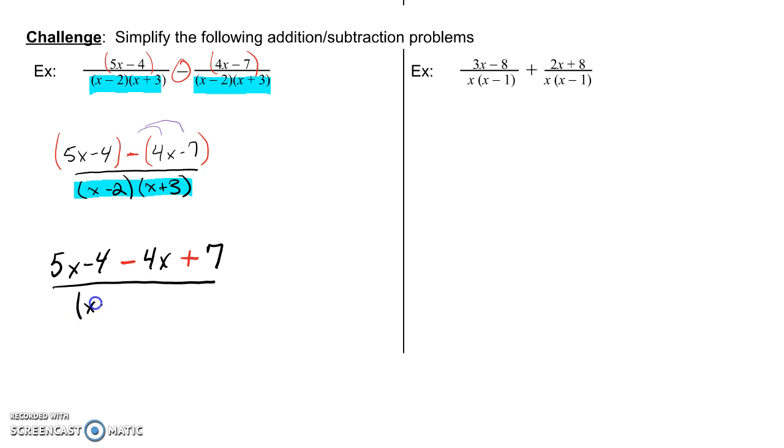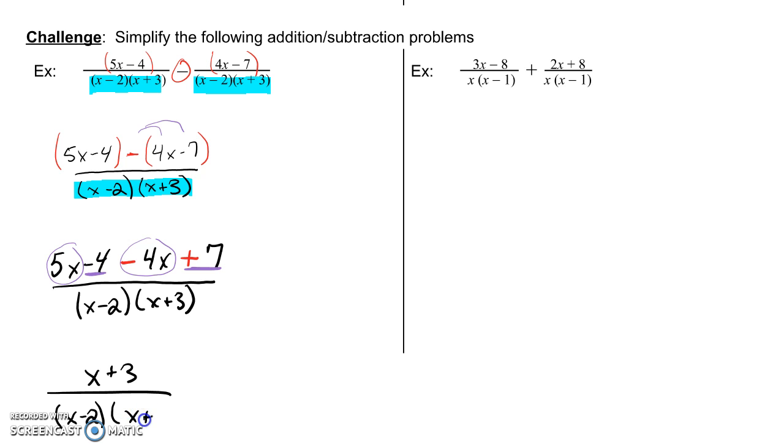Denominator does not change. And I combine my like terms. Like terms here. 5x minus 4x. That's x. And then minus 4 and plus 7 is plus 3. I get x minus 2, x plus 3 in my denominator still.